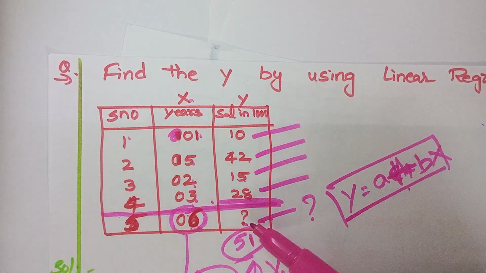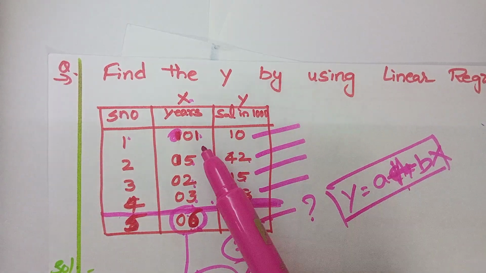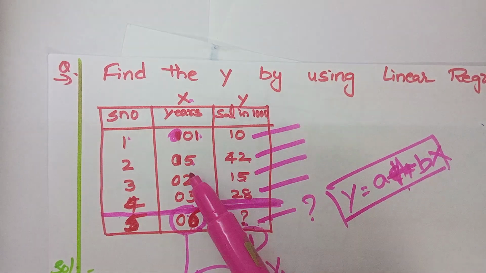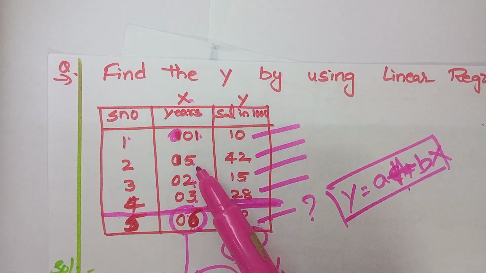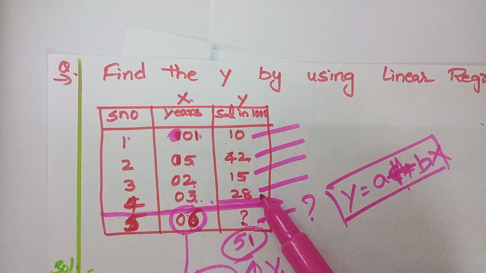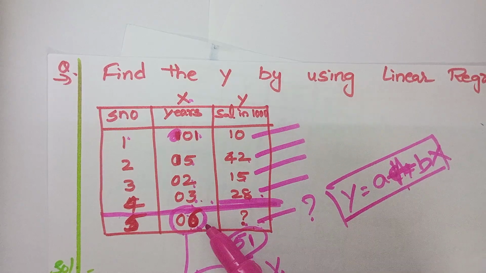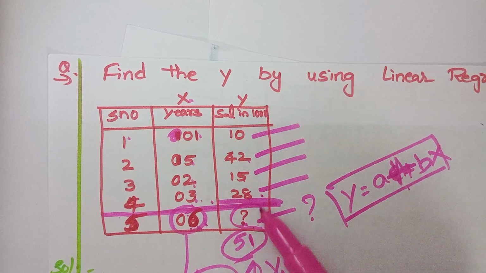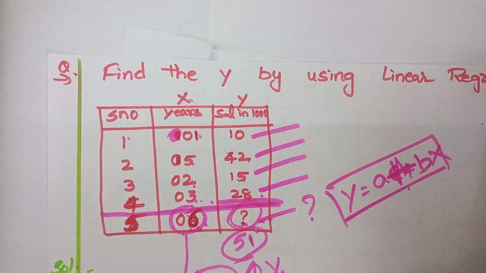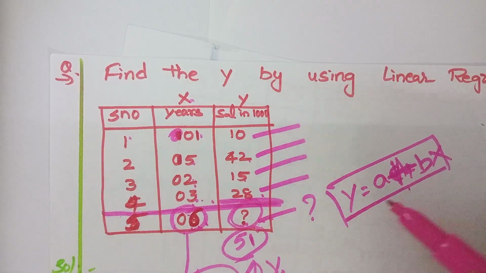For 1 year of experience he is getting 10,000 salary. 5 years of experience means 42,000, 2 years of experience means 15,000, 3 years of experience means 28,000. If a person has 6 years of experience, then how much salary can he expect? That we are going to calculate using linear regression.